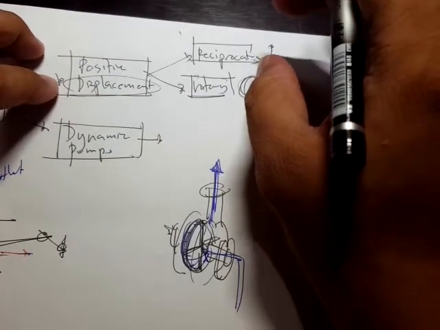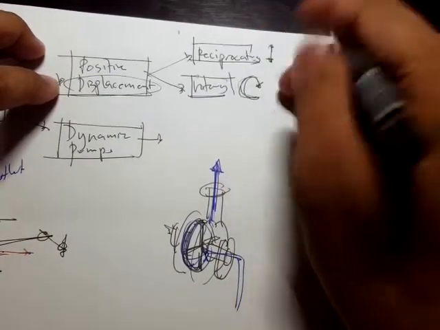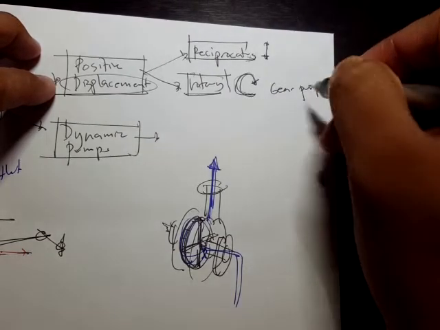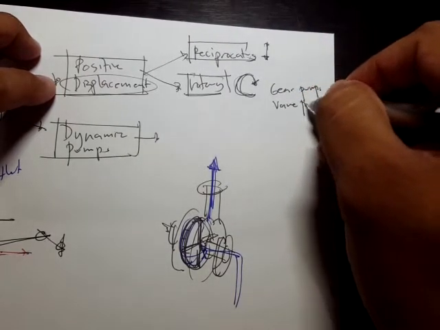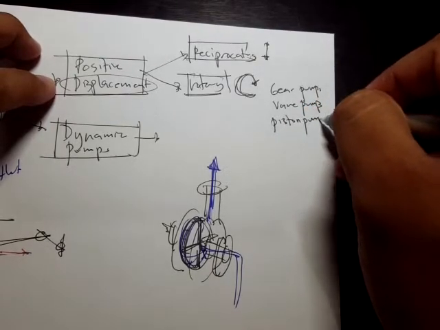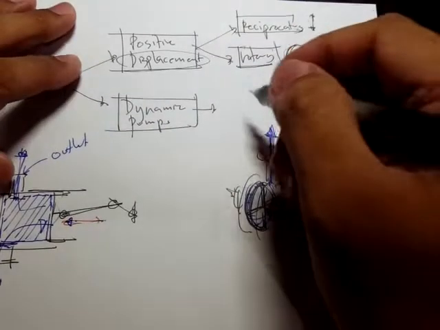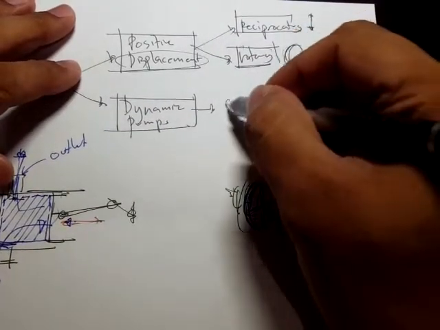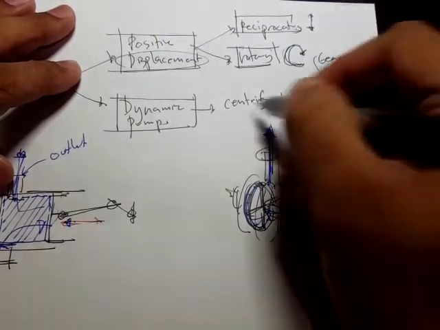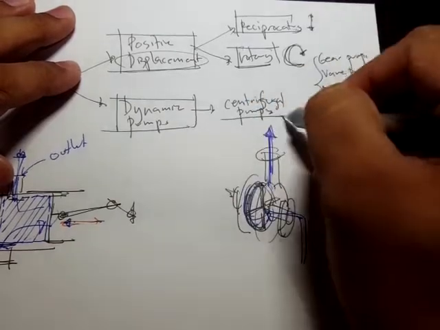There are actually many types right here. Let's just write a few. We have gear pumps, vane pumps, and piston pumps, right? And in dynamic pumps, there are also many types, but let's limit our discussion to centrifugal pumps.